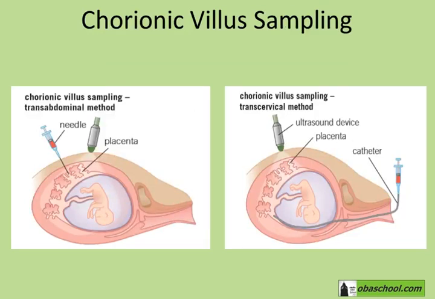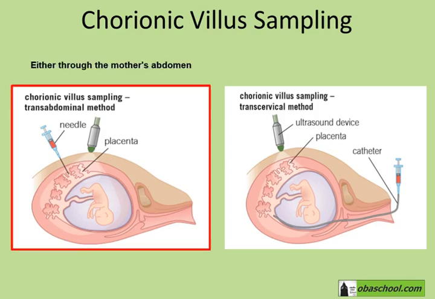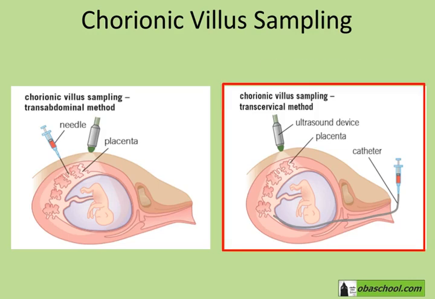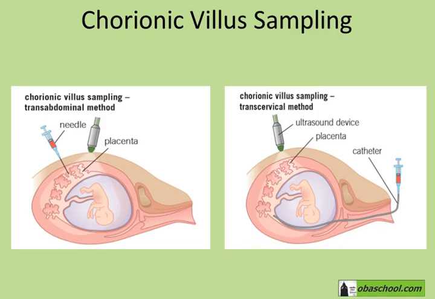As for chorionic villus sampling, there are two ways to do it, either through the abdomen of the mother, with insertion of a needle here to take some cells from the placenta, or it can be done by inserting a catheter through the cervix of the mother to take cells from the placenta. So the first method is the trans-abdominal method, which means through the abdomen, and the second method is the trans-cervical method, which means through the cervix.